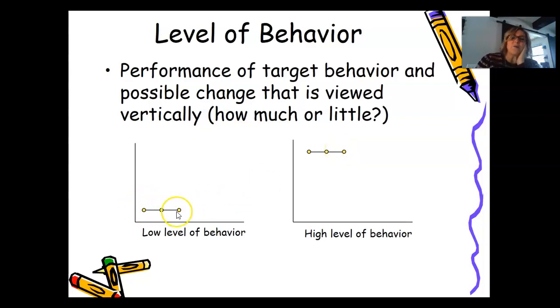So we don't talk about level as much within phases as we do across phases, but you can discuss whether there's low or high levels even within a particular phase. But then you're also going to want to look at that across phases and if there's change.